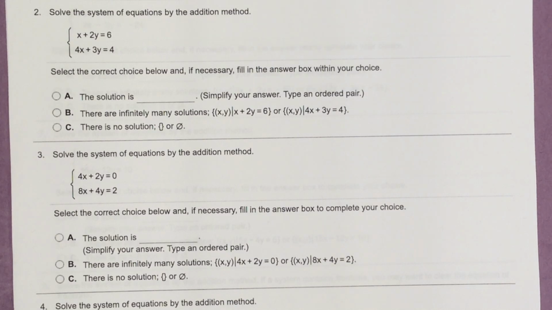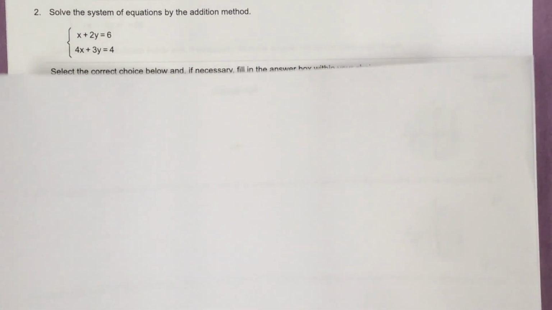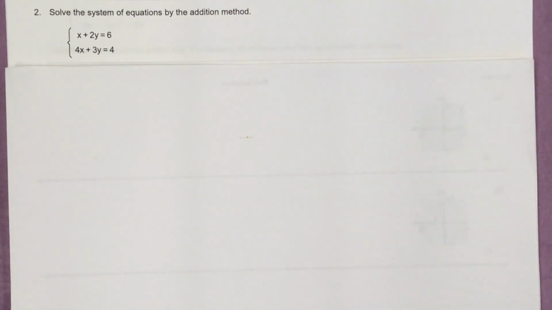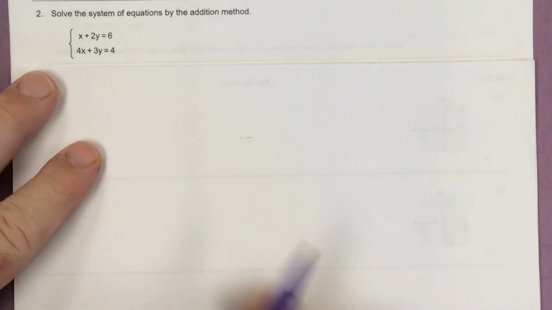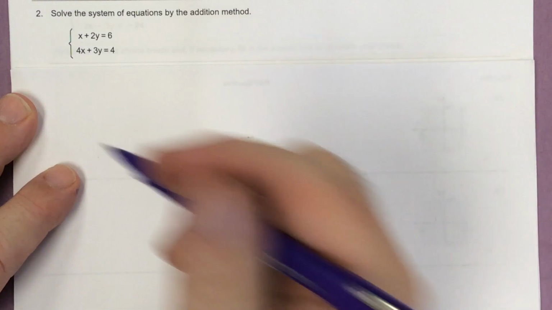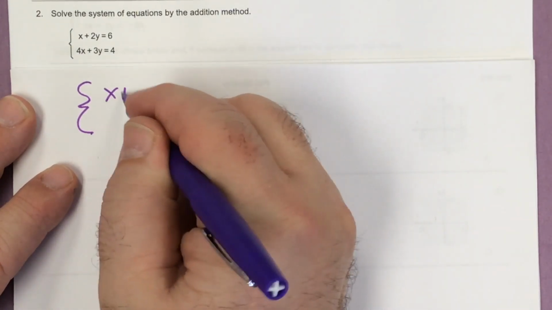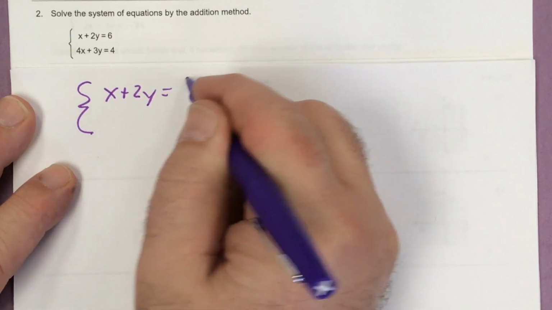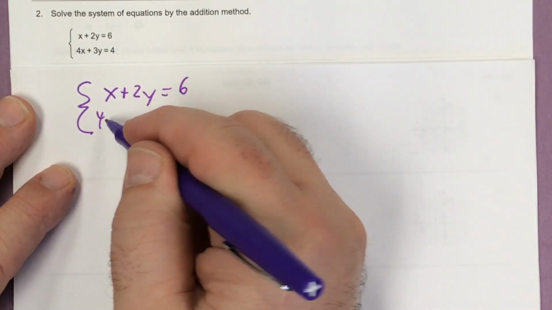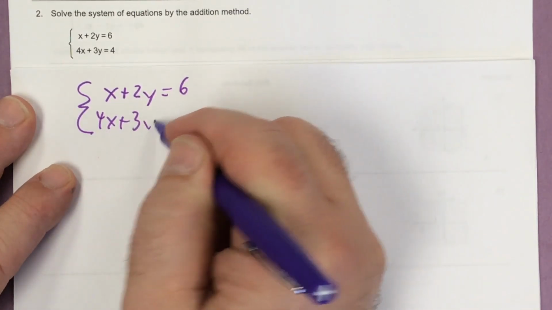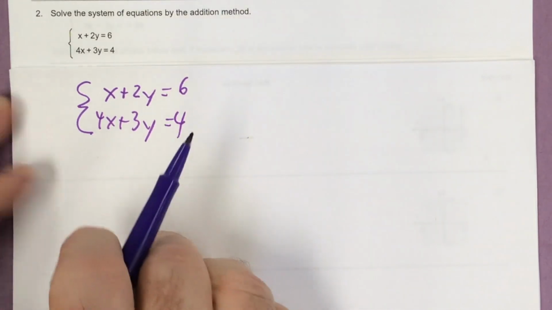So number 2, we have a situation where if we just add these together, we're not going to be able to have a variable be eliminated. So what we're going to do is write this system again. This is going to be x plus 2y equals 6, and then we're going to have 4x plus 3y equals 4.